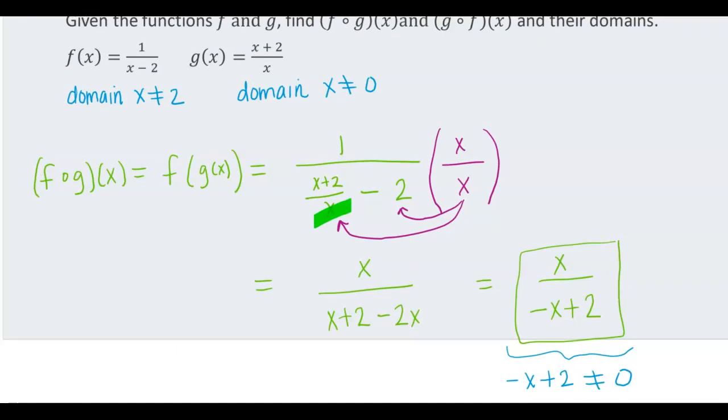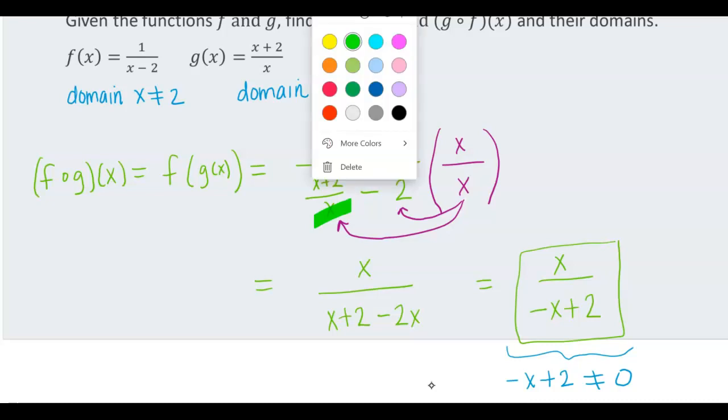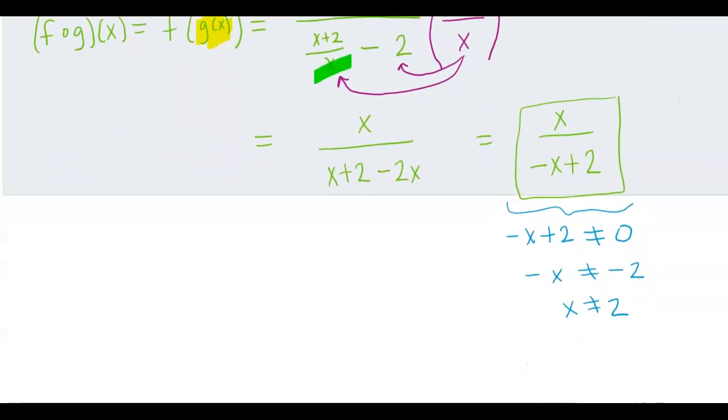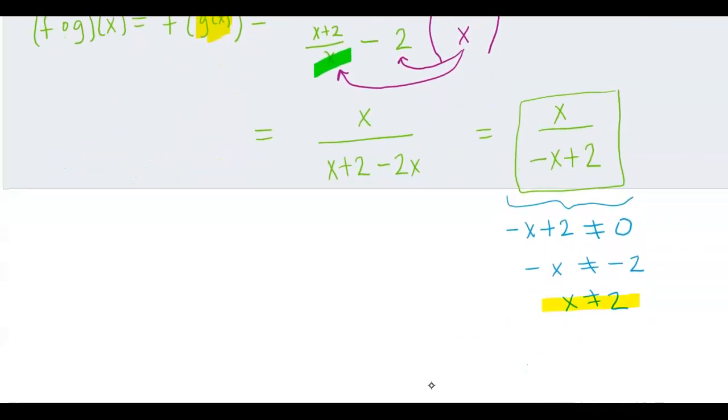So because the function that was plugged in is the one we consider for the domain, I have to look at what I'm plugging in is what is allowed to be plugged into the function. That one had the restriction of I can't have 0. And then I look at my final answer, and that has the restriction of x cannot be equal to 2.